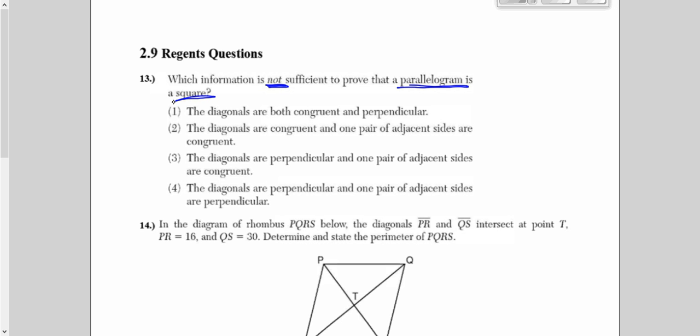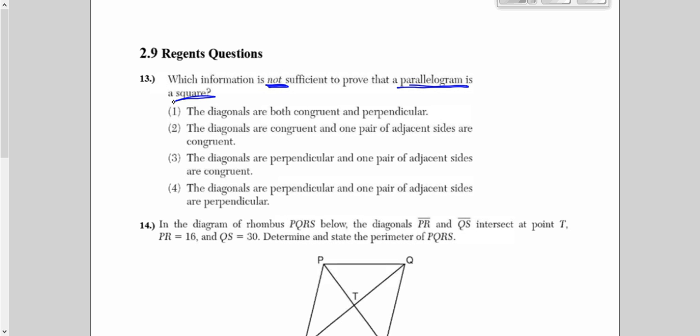This is where you got to put your think caps on with regard to your flow chart. Okay? Where's your flow chart at? Take that out right there. Until you memorize it, this is the only way you're going to work through this. Any thoughts on this? Yeah, what do you think?